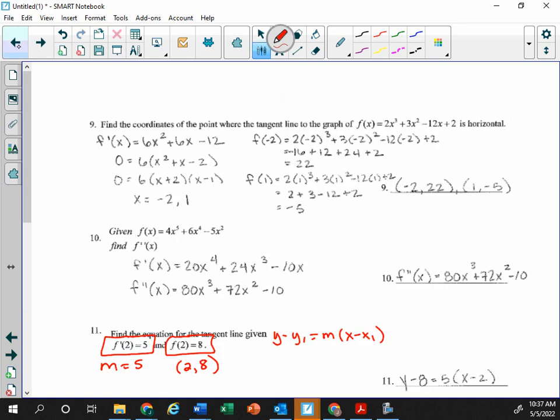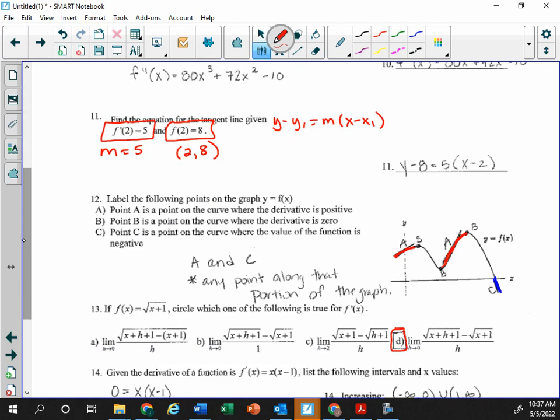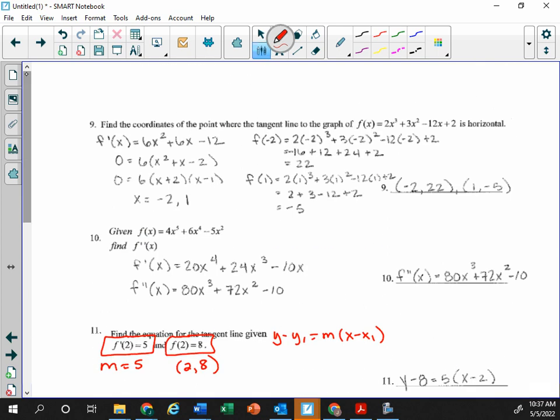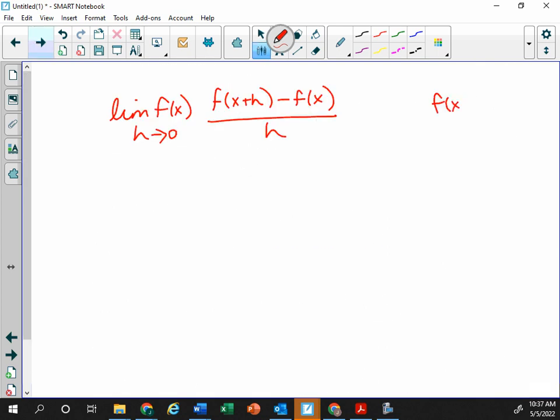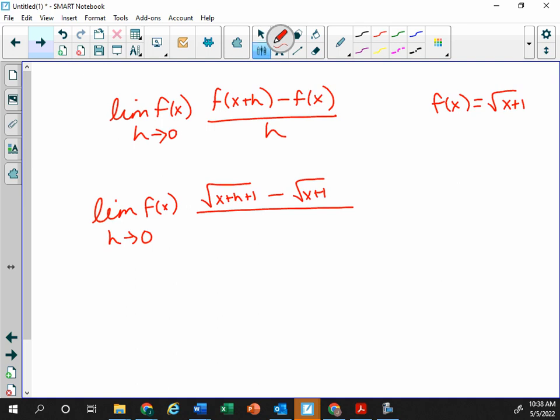And so then on this problem, f of x was square root of x plus 1. So when I go to plug that in, the f of x plus h is going to be the square root of x plus h plus 1 minus f of x, so minus square root of x plus 1 all over h. Yeah, it's just plugging it in from there.